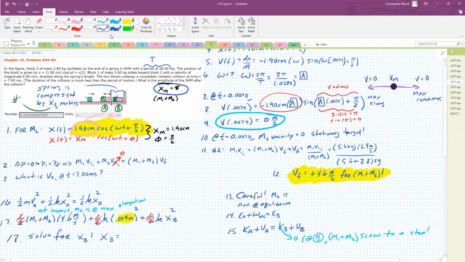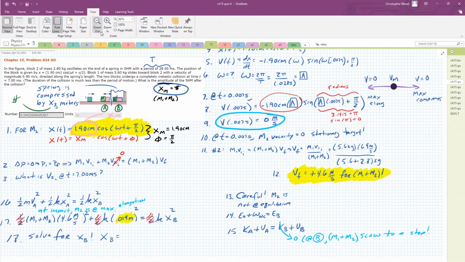So typo alert, this should have a squared. Oh no, we don't know what K is, do we? We don't know what K is. That's the bad news. The good news is I think it's going to be pretty easy to figure out, but we don't know it. I thought it was given.